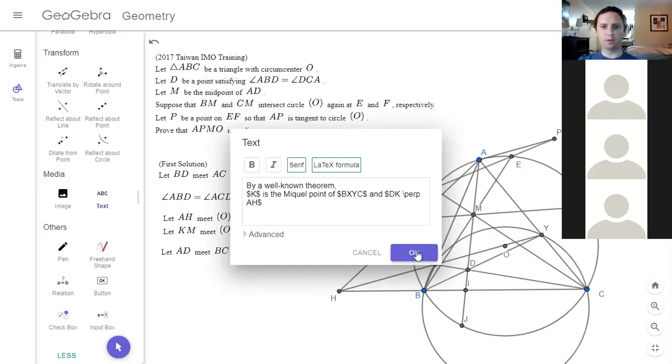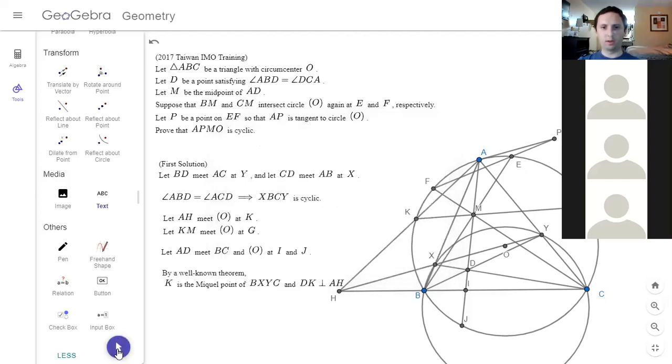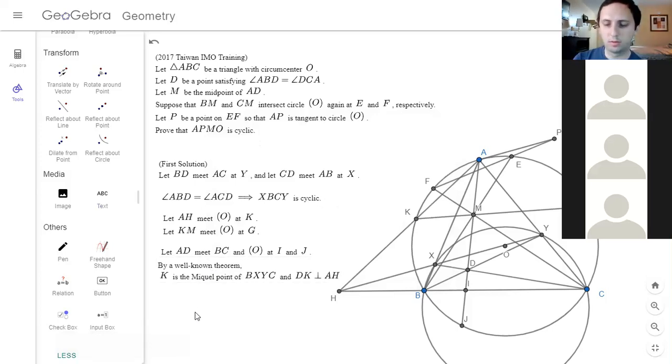Once I know this, I can claim that M being the midpoint of AD and triangle AKD being right angled, MA should be equal to MK.